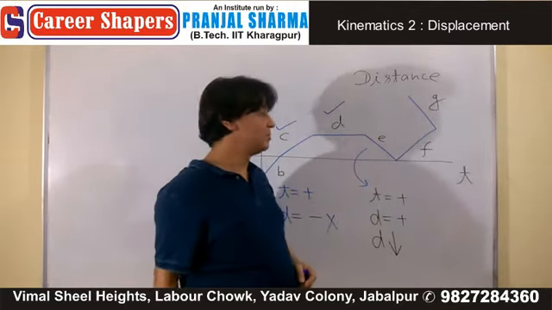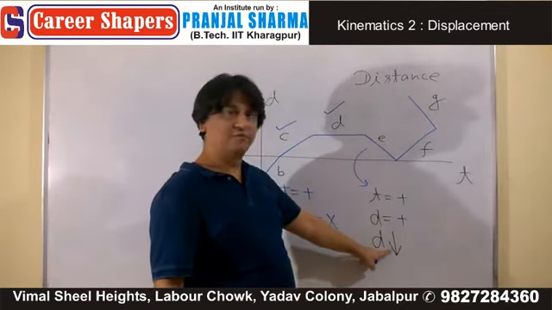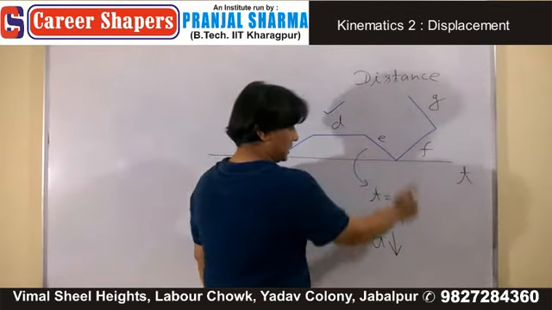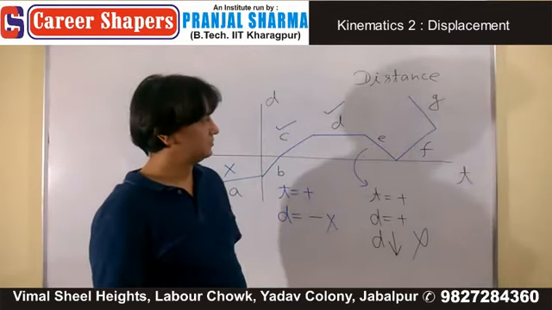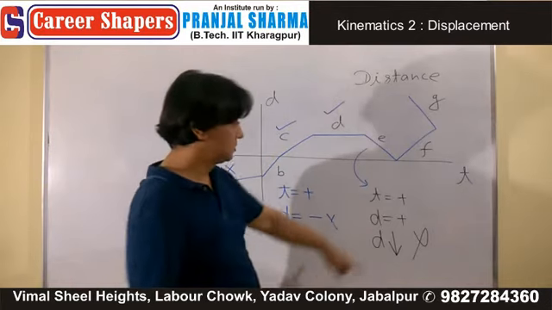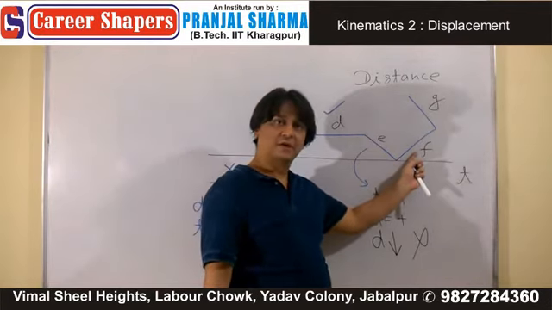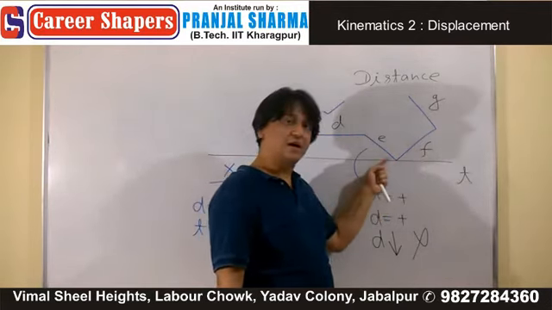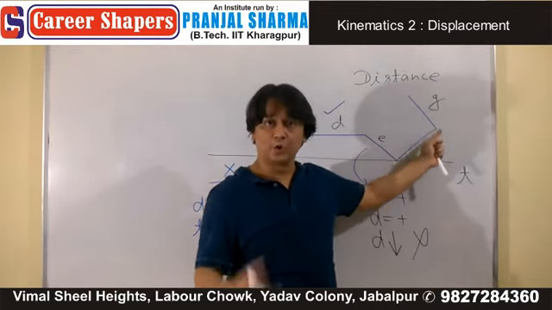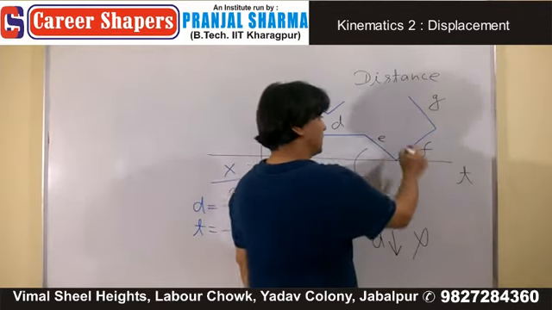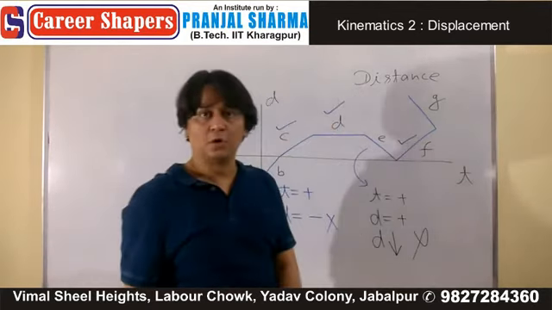Something which is not possible. And because of this, portion E is also not valid. Then F. In F, again, things are correct. Everything is positive and they are also increasing. F is also correct.